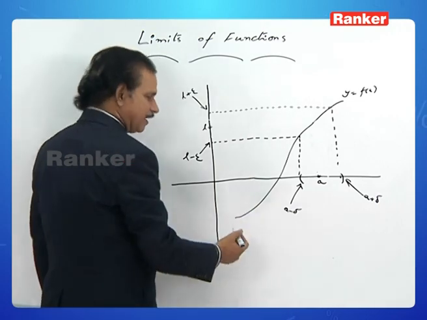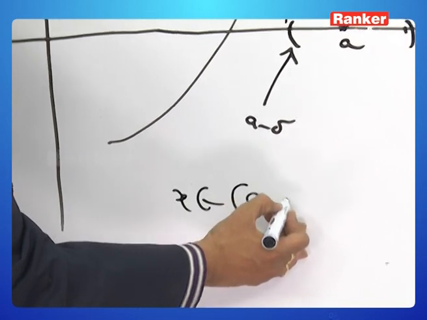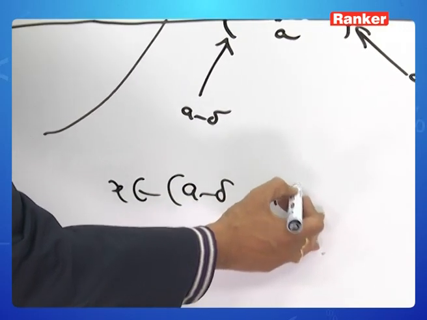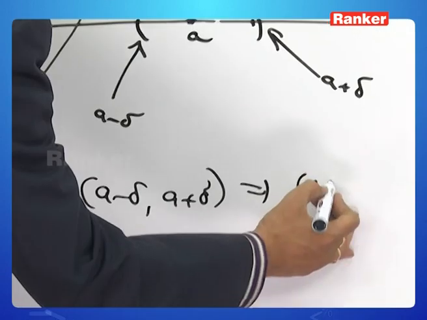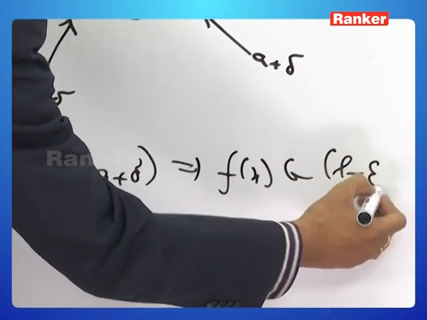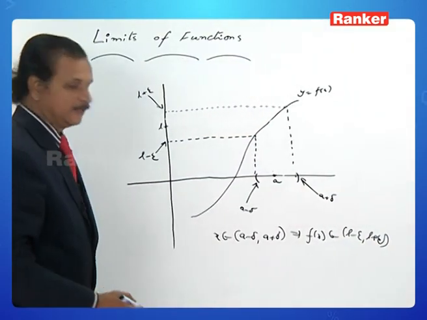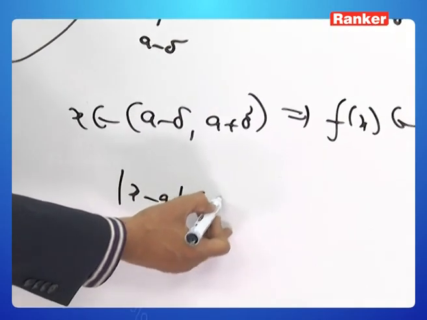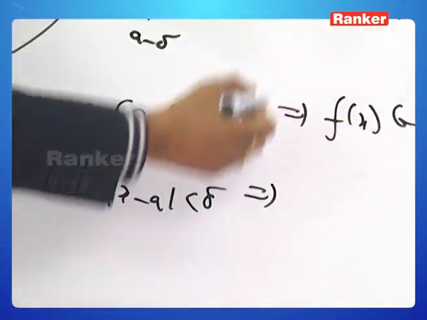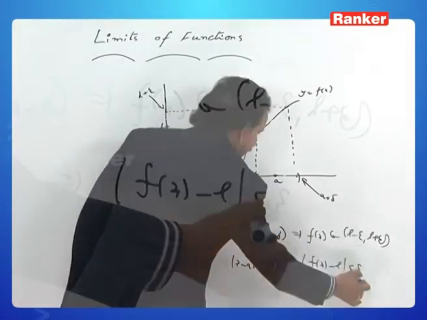What can you say from this figure? x belongs to the open interval a minus delta to a plus delta implies f of x belongs to L minus epsilon to L plus epsilon. This we can say as mod x minus a less than delta, and that we can say as mod f of x minus L less than epsilon.